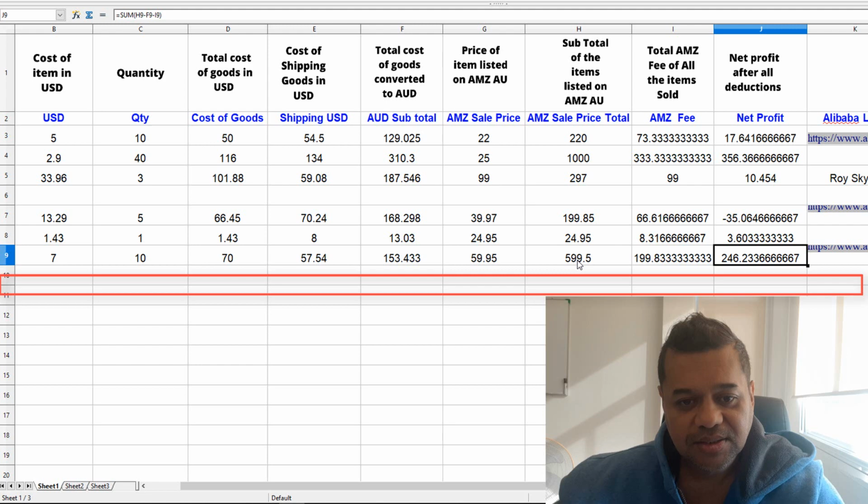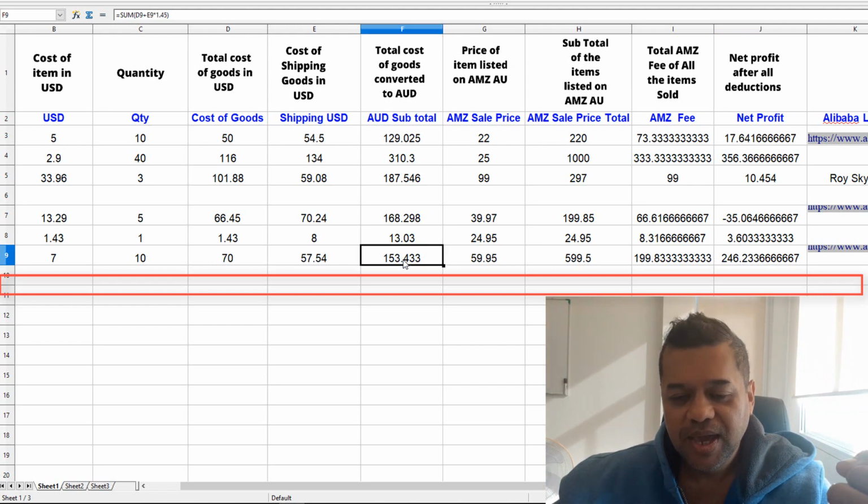I subtract the total cost of the goods that I sold for. Then I subtract the actual cost of the goods, which is 154, and the shipping, what it cost me landed.